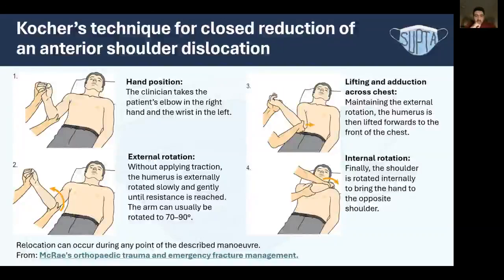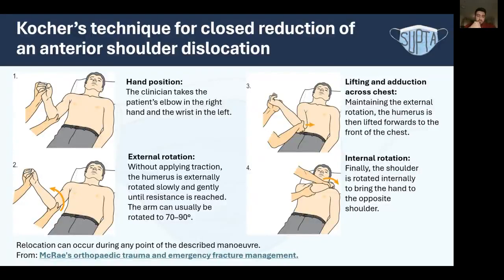the poker technique. In this technique, if it's the right arm that is dislocated, you hold the elbow with your right hand, and then you hold the wrist with your left hand. And then what you try to do is to externally rotate the shoulder by applying force with your left hand, and you try to keep the elbow in the same position.